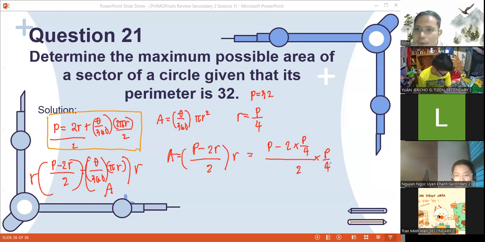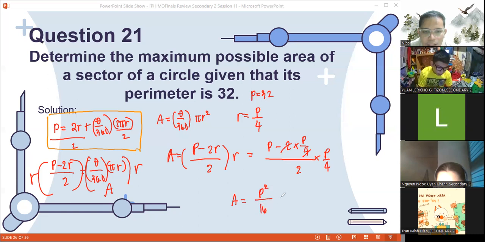Okay, that one. So the area is now equal to P squared, cancel 2, P minus 2, P minus 2, cancel, P squared. So it's P squared over 16.